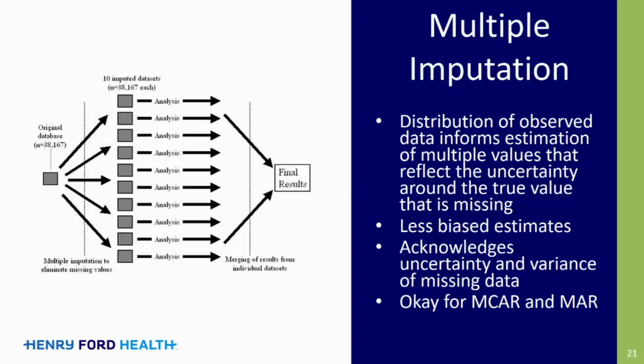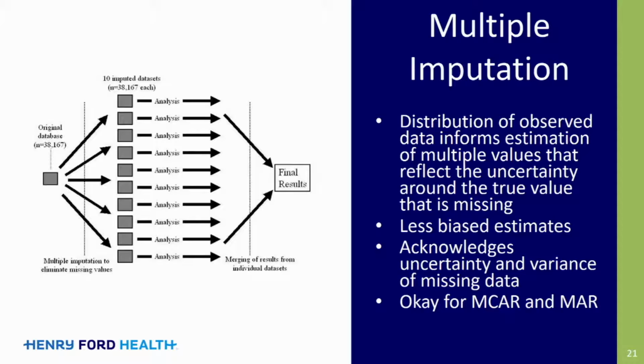The most common one you often see in the literature is multiple imputation. This is a reasonable way to deal with missing at random and missing completely at random data. What this does is you typically use regression techniques to create multiple data sets. Often people will say they imputed 10 data sets.